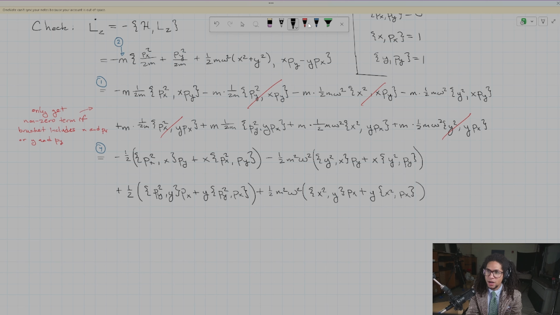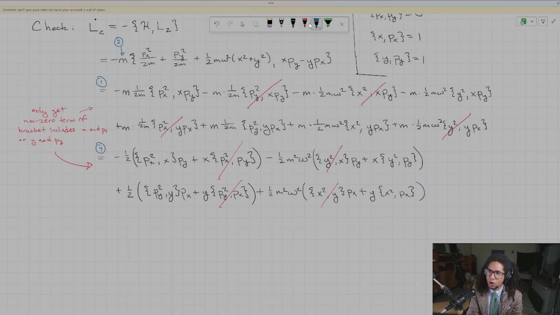Now I'm going to go through another round of cancellation using this rule here. So a bunch of these terms also cancel. Notice, for instance, this term cancels because it only has p's in it. That one is gone. This one only has position terms in it, y and x. So that's gone. This term only has p's, and this term only has x and y. So those are all gone.